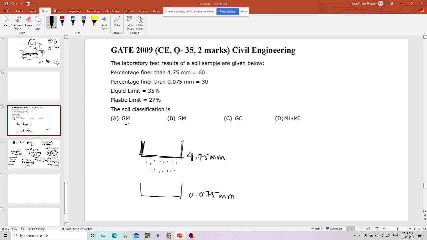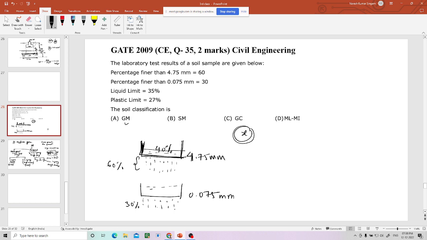He took x amount of soil. Percentage finer than 4.75 means whichever is passing, that is 60% of this x. The remaining 40% is retained. Another thing: if you sieve the same x amount through the 75 micron sieve, the percentage finer is 30%, and 70% is retained.